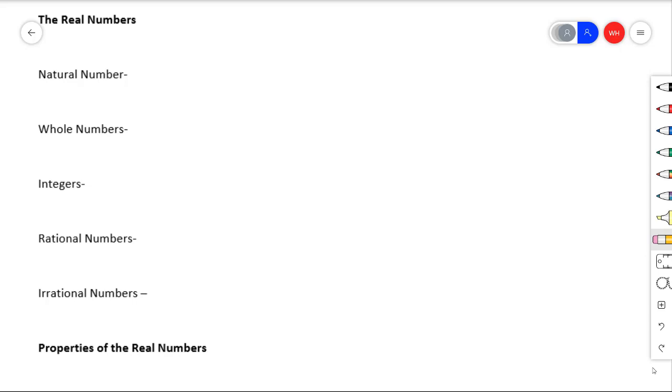You might also know these as the counting numbers. And this set is symbolized by a capital N.